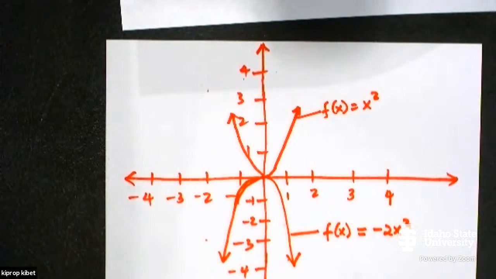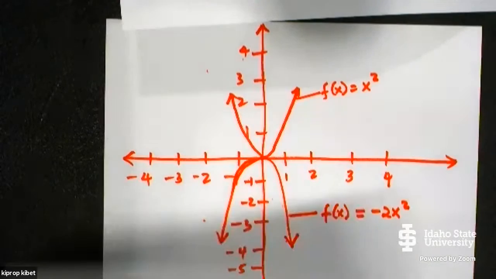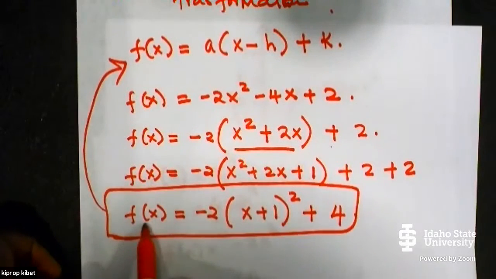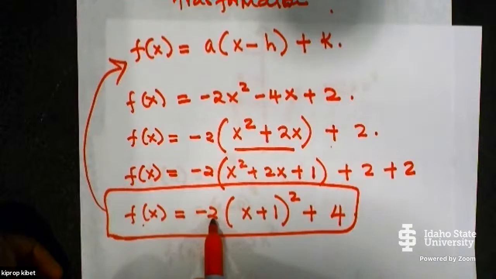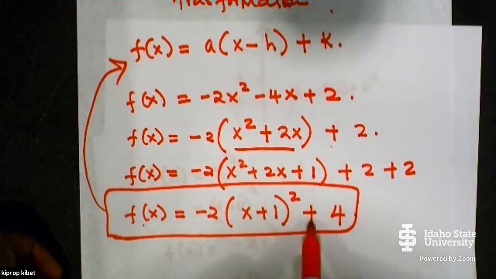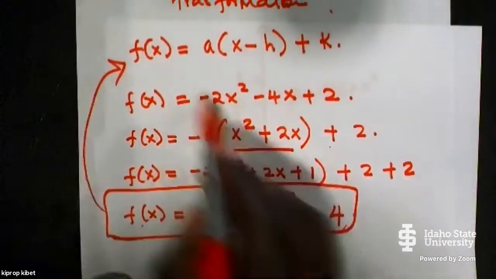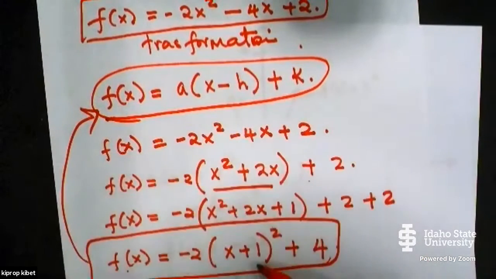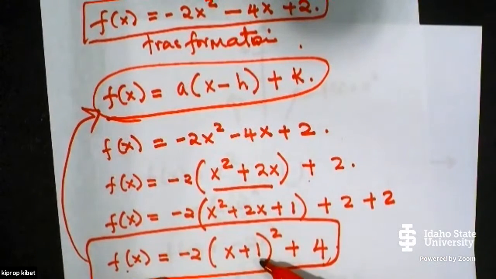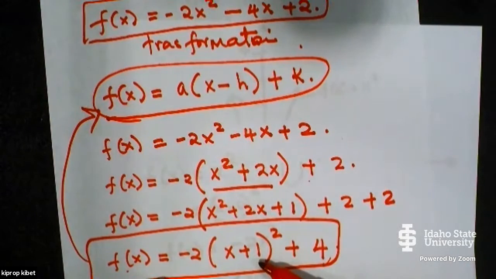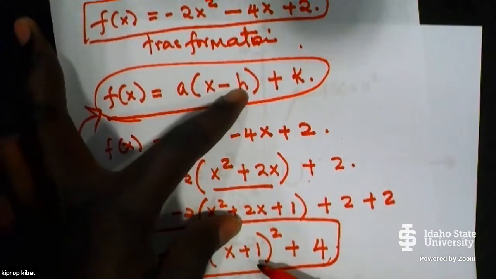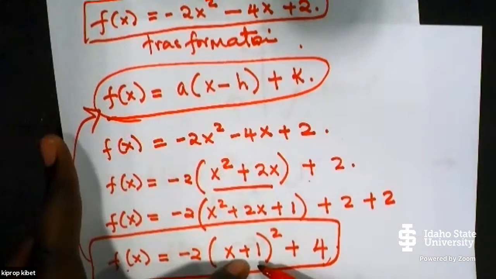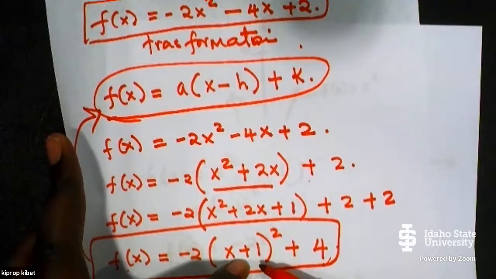Okay? Then we are transforming. We go to the next. Our function is f of x equals minus 2, x plus 1 squared plus 4, and we are writing in this form. So our h in this case is what? Because here is minus h, that means here will be minus 1, right?